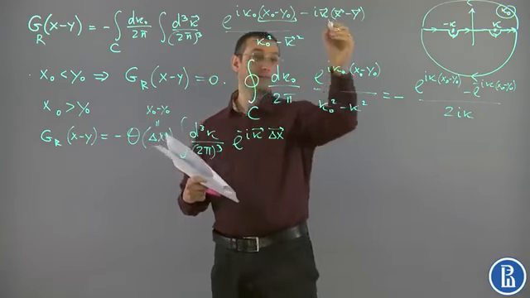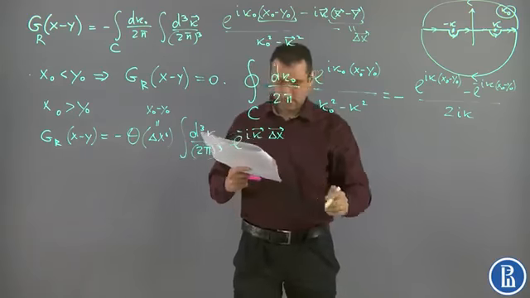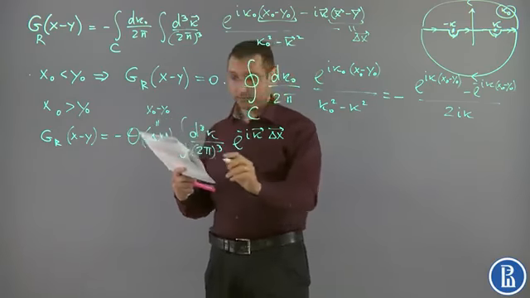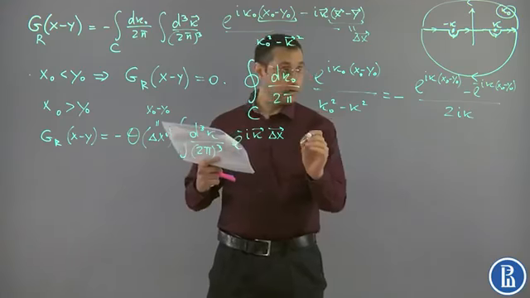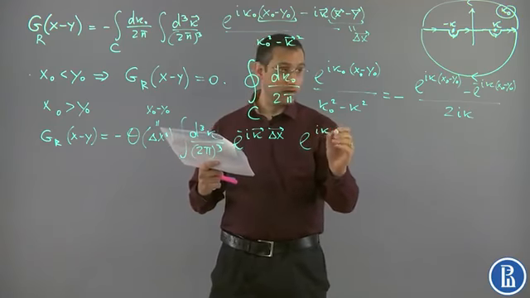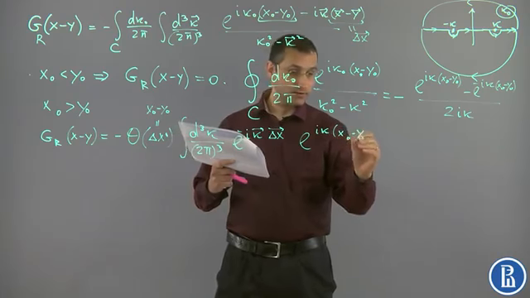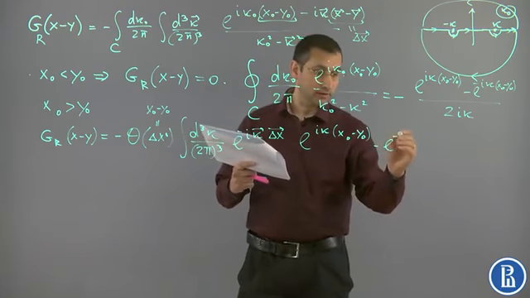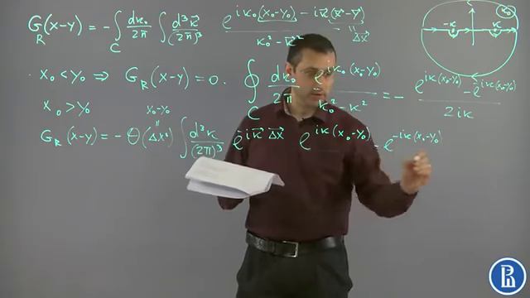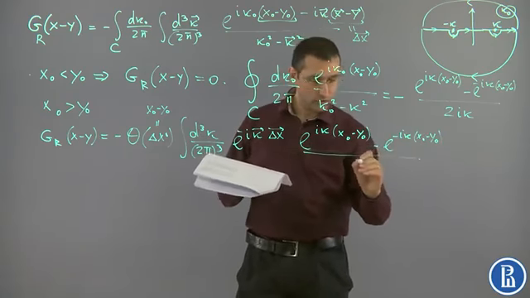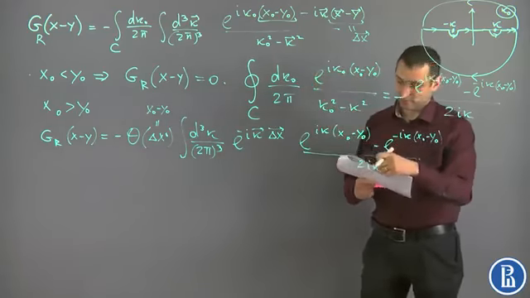Delta x vector is just this, multiplied by this, exponent of I k (x0 minus y0) minus I k (x0 minus y0), divided by 2ik. So how do we take this integral?